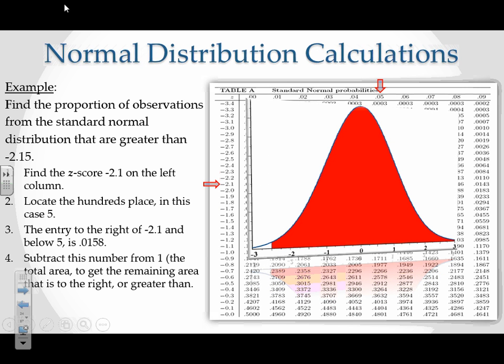So again, as far as a picture is concerned, you would go to negative 2, go a little past negative 2, make your boundary. We wanted the area to the right, so we would shade everything to the right. So if we take 1 minus 0.0158, anybody do that on the calculator real quick? 0.9842. So 0.9842, what does this mean?